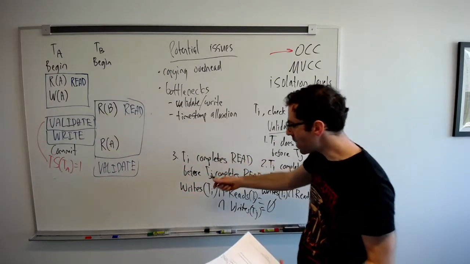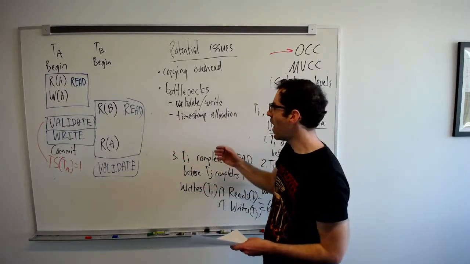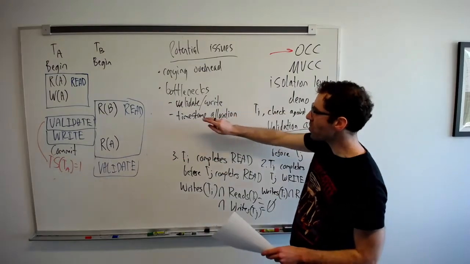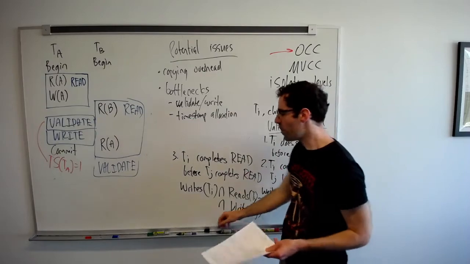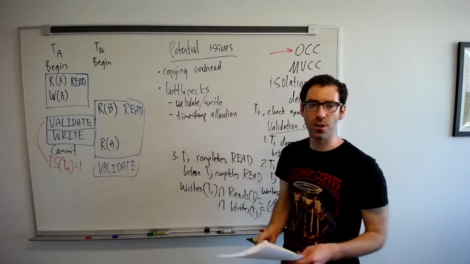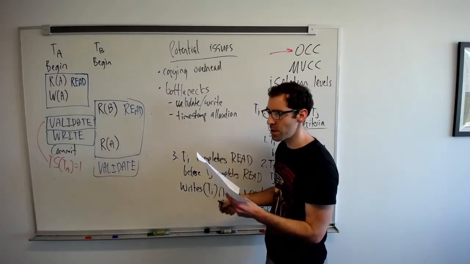They have to be unique, they need to be monotonically increasing, and so our timestamp allocation could become a potential bottleneck where a bunch of transactions are waiting for their timestamp, because that has to be synchronized.